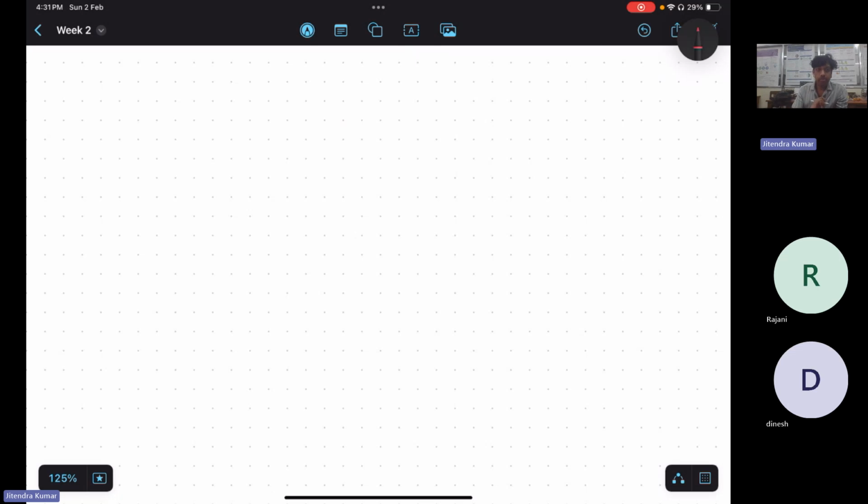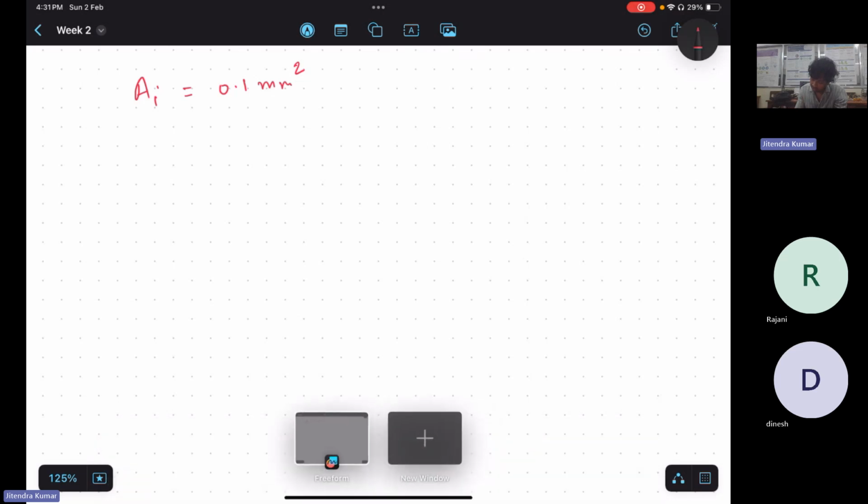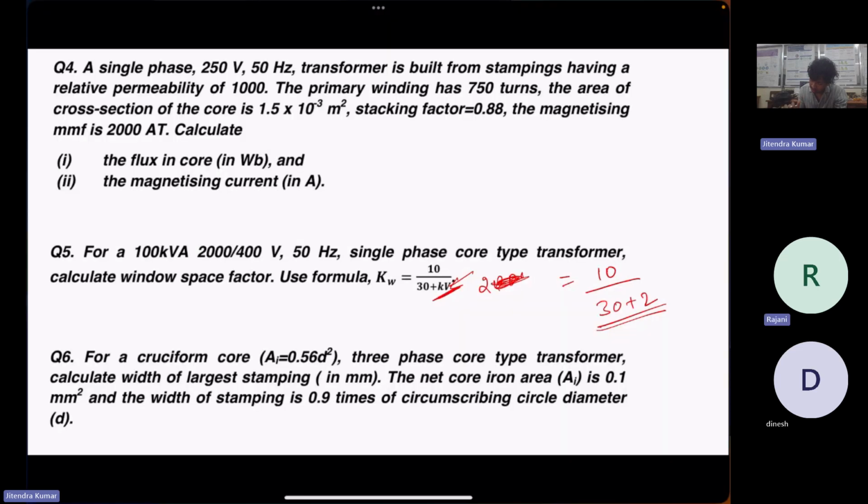Now the net iron area is given: 0.1 m square. The cruciform core is also given, isn't it? The area of the cruciform core is 0.56 d square.